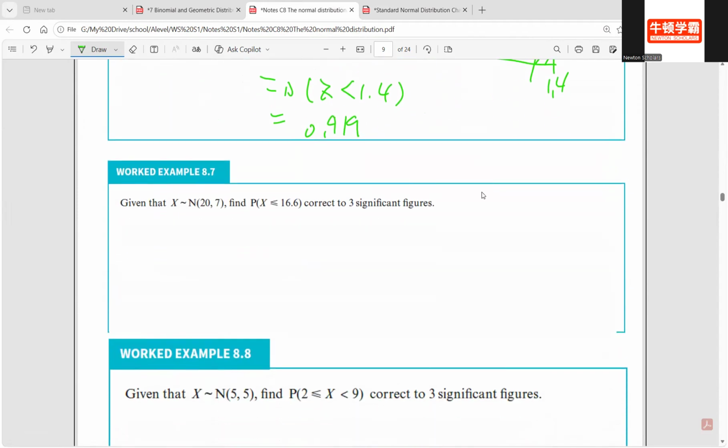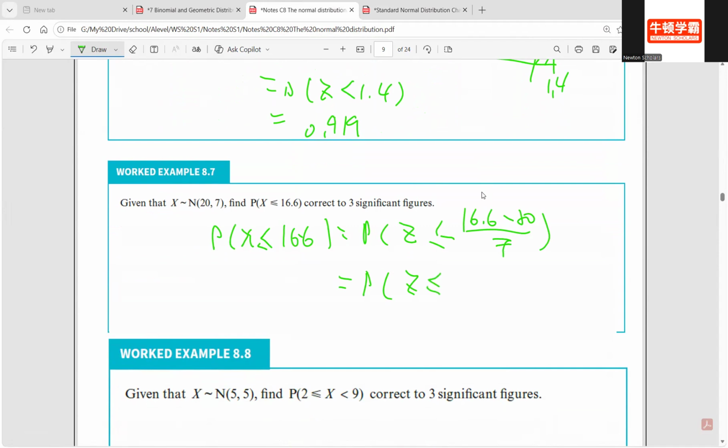Next one, same thing. We have to change to the Z value. So Z less than 16.6 minus 20 over 7.